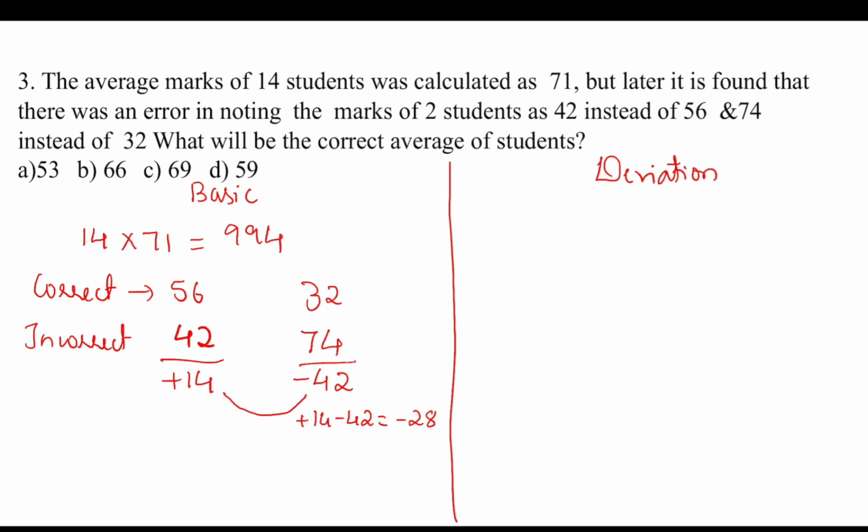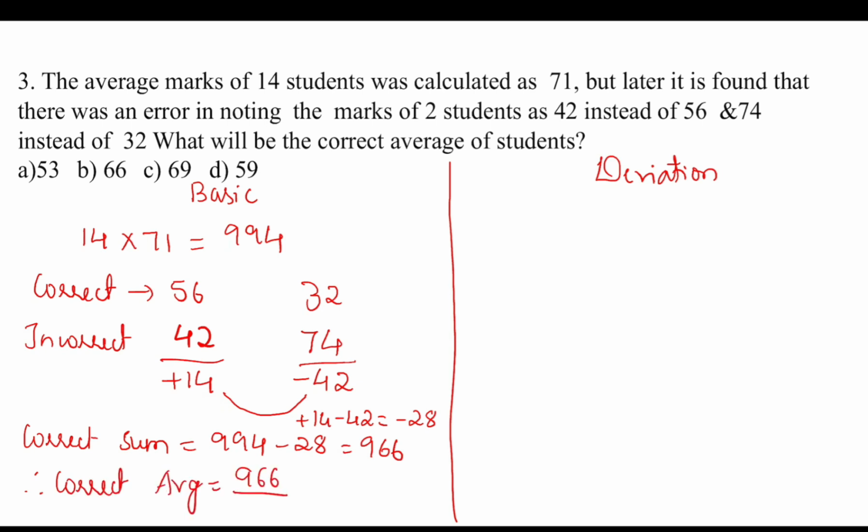So the correct sum will be 994 minus 28, which is equal to 966. Therefore the correct average is 966 divided by 14, which is equal to 69.